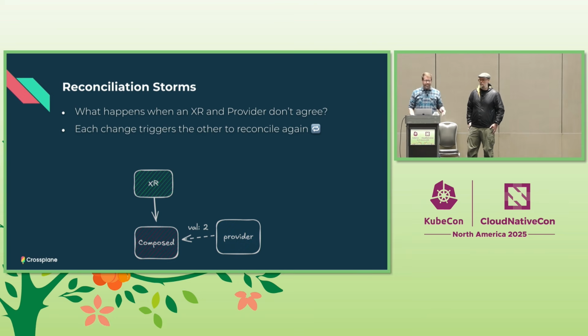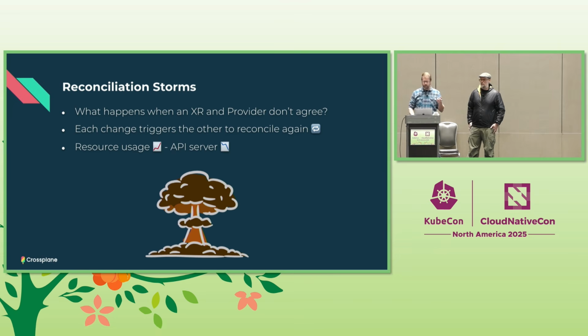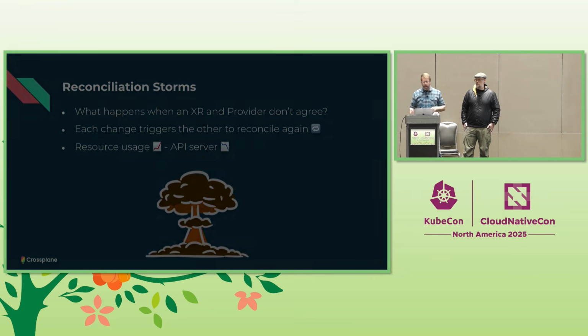And then that, in turn, creates an event that the XR is watching, and then it says, no, value should be 1, 2, 1, 2, 1, 2. Oh my God, it just blows up, and it's not a healthy situation. Resource usage goes up because you're in a tight reconciliation loop. You're spinning, you're hitting the API server. Resource usage up, API server down. Not a good situation. How did we fix that?